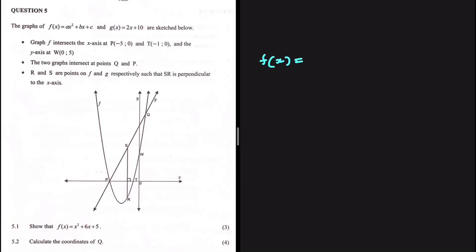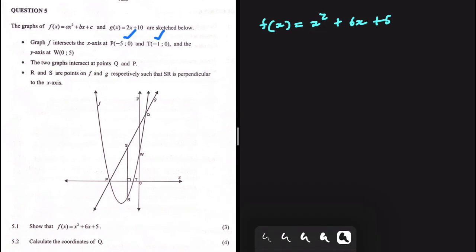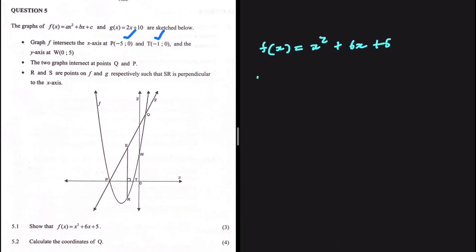We are supposed to show that f(x) is equal to x squared plus 6x plus 5. What information are we given? We're given the intercepts of f(x), which are p and t. So finding f(x) should be relatively easy if we have the intercepts. We can just say that f(x) is equal to a multiplied by (x minus x1) multiplied by (x minus x2). In place of x1 and x2, we are substituting the x-intercepts.